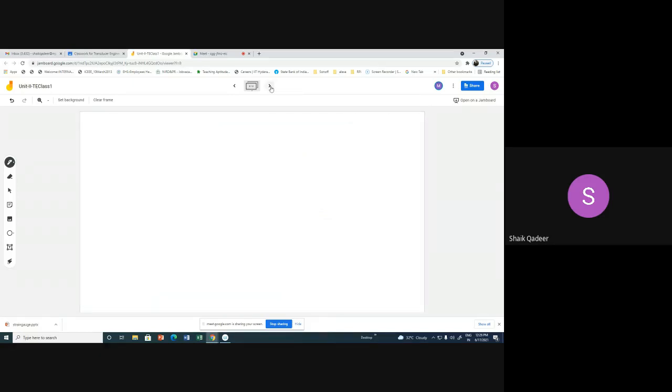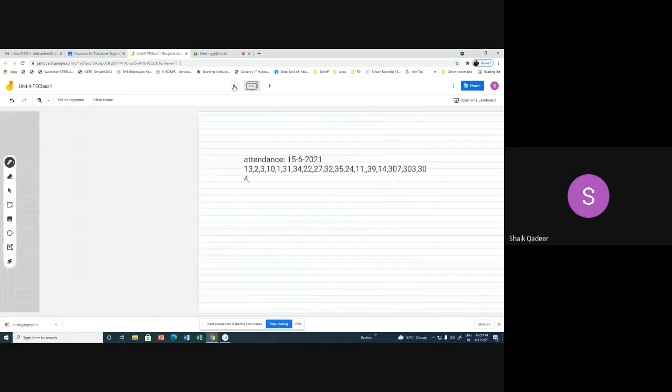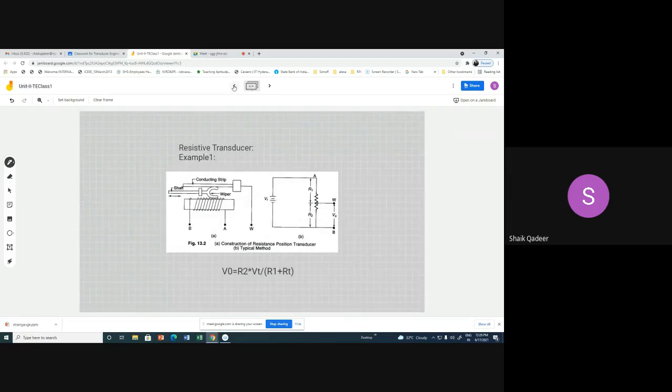Now I am going to the next part of this unit, which is resistive transducer. Please take down: resistive transducer. There are two resistive transducers which we will discuss in this course. One is the potentiometer, another one is the strain gauge.